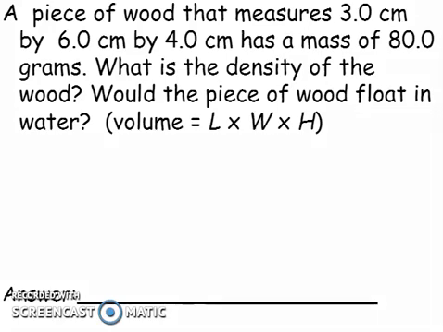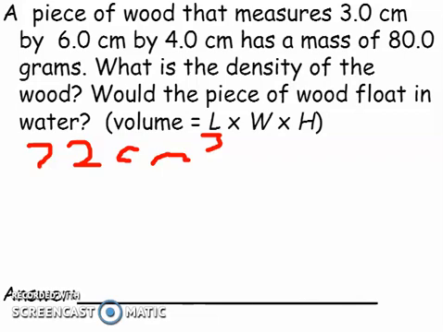Very easily, we do length times width times height. 3 times 6 times 4. 3 times 6 is 18. 18 times 4 is 72. So I write down 72, and that is our cm to the third.